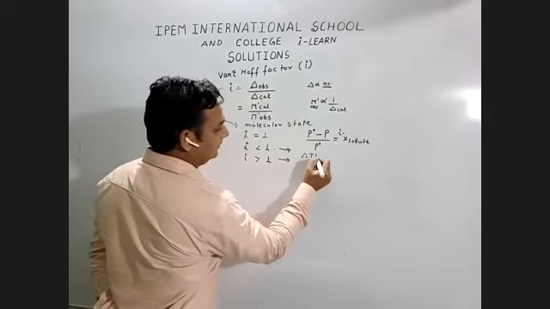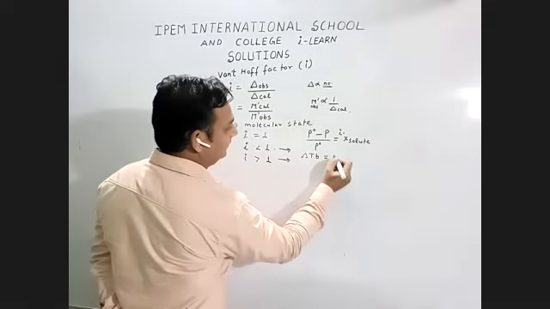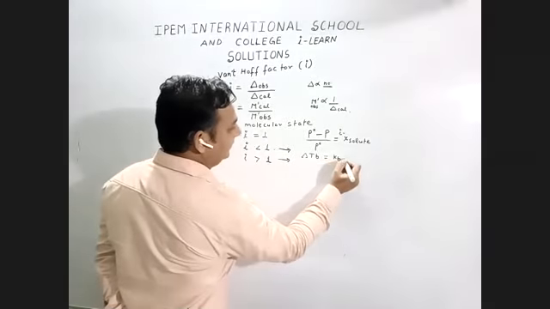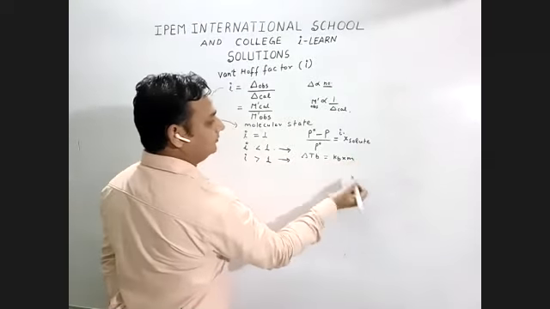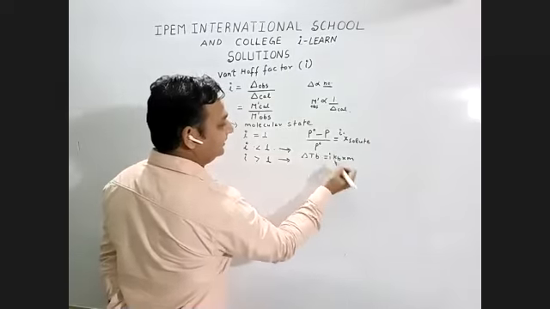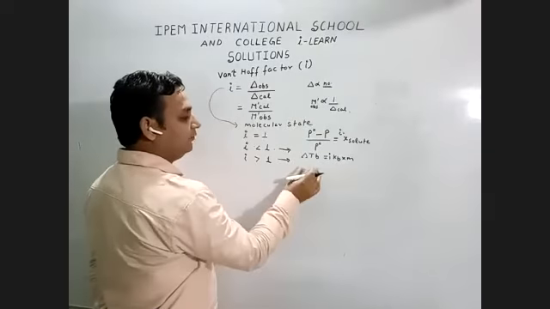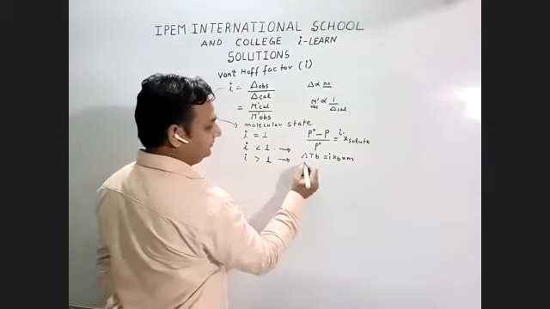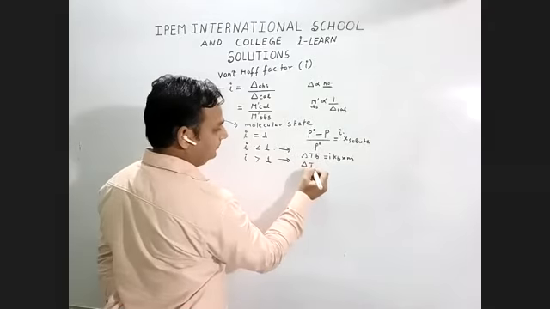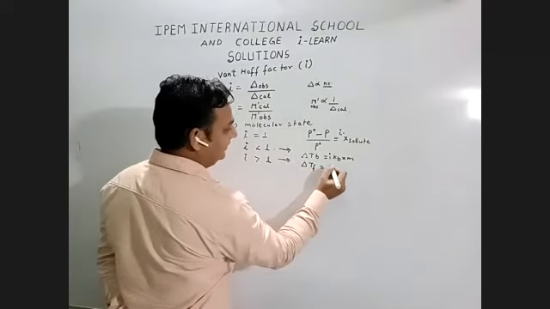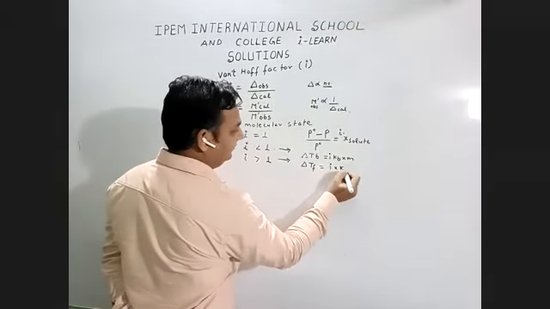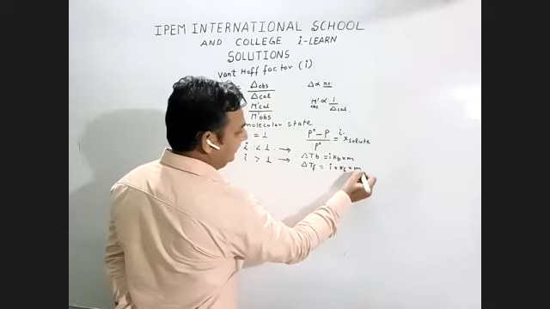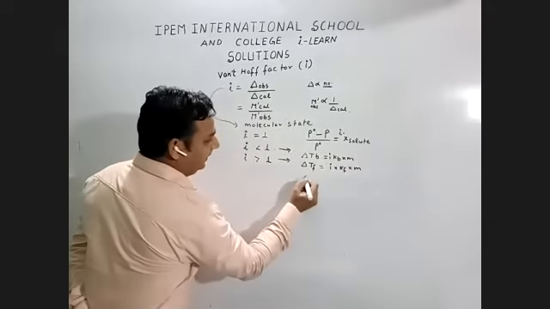Delta Tb equals i, Kb into m. We will introduce i here. Similarly for delta Tf, i, Kf into molality.